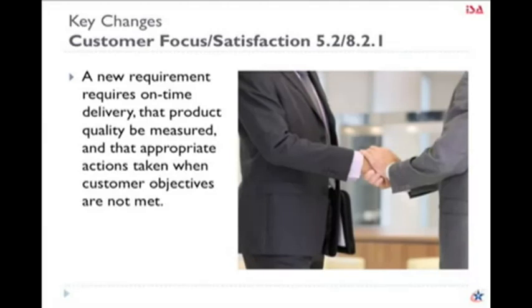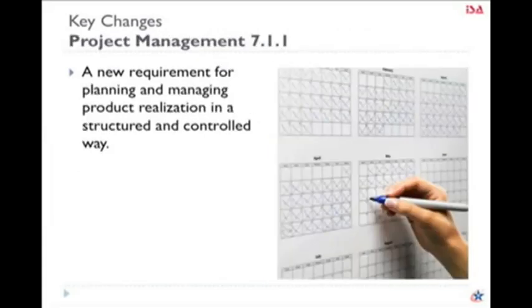This requirement will establish a clear relationship between the QMS and organizational performance. A new requirement for planning and managing product realization in a structured and controlled way. Most aerospace products are complex and involve multi-tier partners and suppliers. Organizations will have a process to manage product realization to ensure quality and that schedules are not compromised.